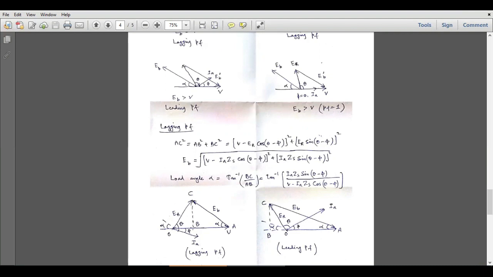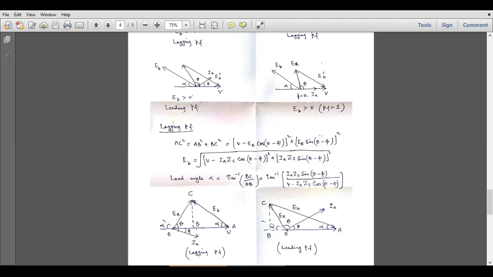This OB vector will be calculated by resolving this reactance voltage, or ER, into two components. This is the horizontal component and this is the vertical component, and the angle between this ER and this OB vector is theta minus phi. So this whole angle is theta, this is phi, so this is theta minus phi.